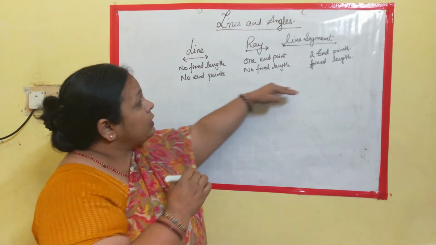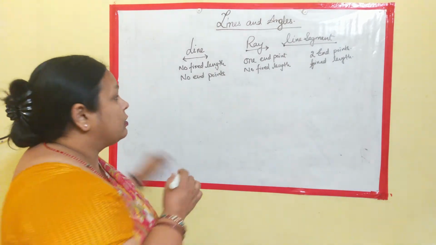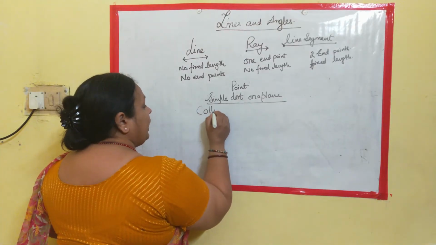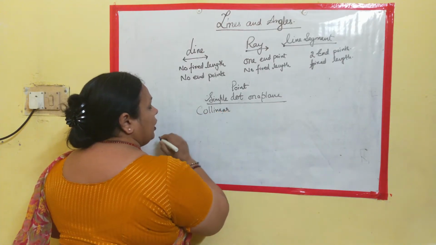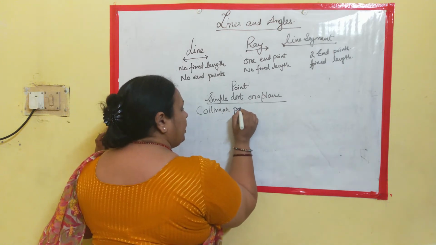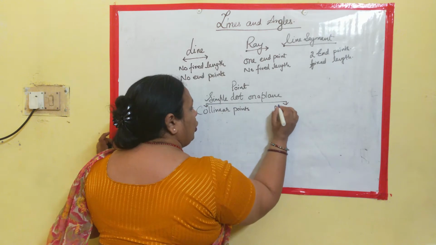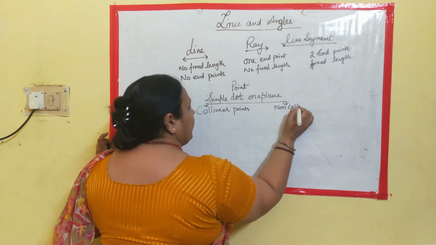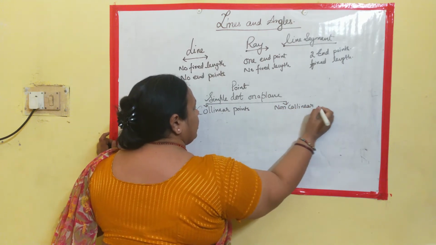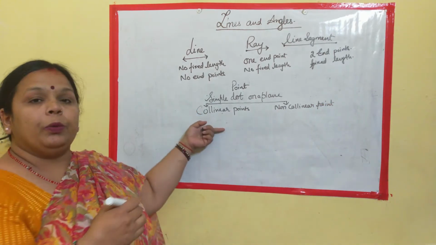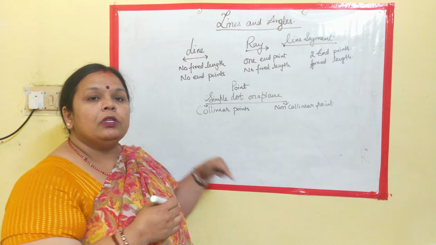Now we know line, ray and line segment. In all these 3, one thing common we were discussing is point. Now what? Collinear points and non-collinear points. We are very familiar with the word linear. Linear means straight.